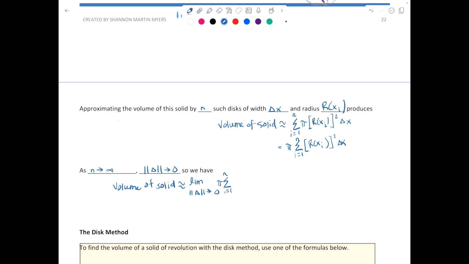And then we have pi times that. So we're going to take the limit of all that. And then you have your R at x i, that whole thing squared, times delta x. And then you can bring the pi to the front. And as the norm of delta approaches 0, n will approach infinity.